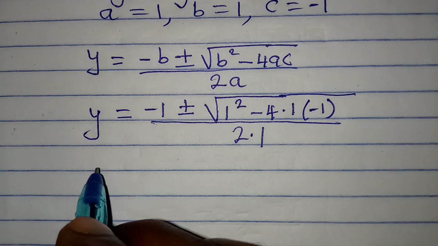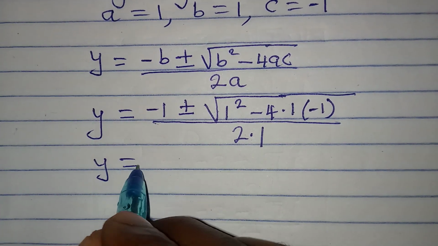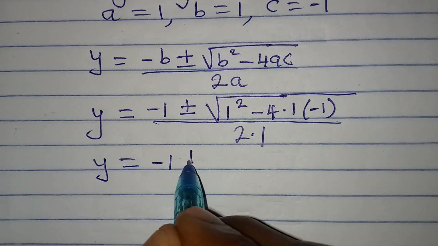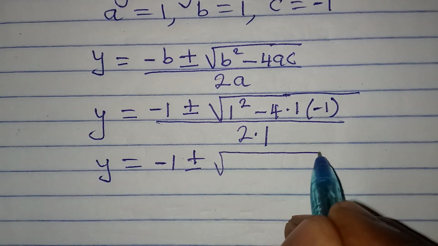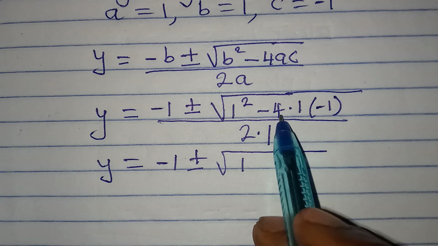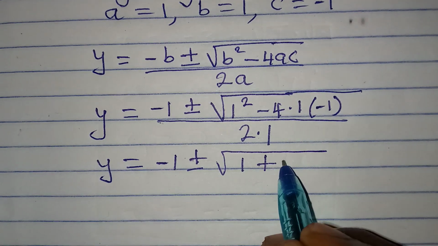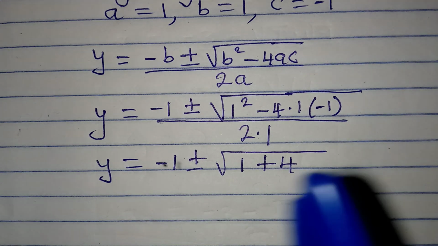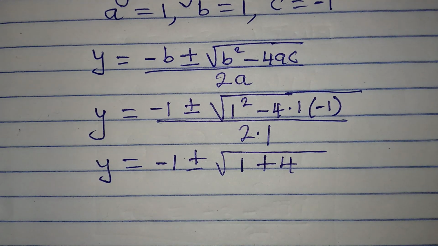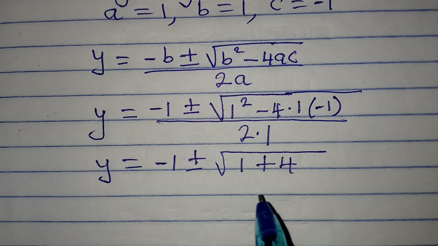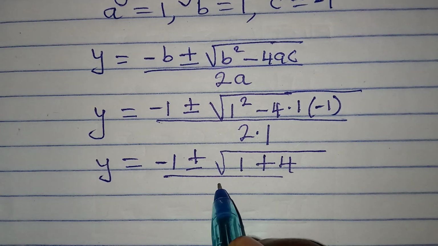Now, the next thing to be done is this. y will be equal to minus 1, positive or negative, square root of 1 squared, which is 1, then minus 4 times minus 1 is plus 4. So this will give us plus 4, and then we are dividing this by 2.